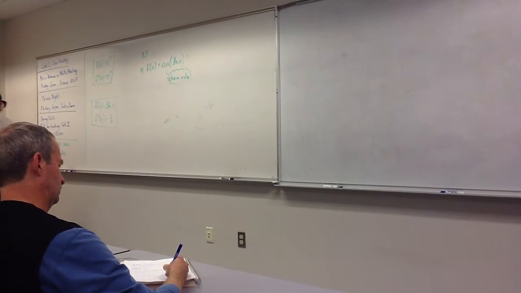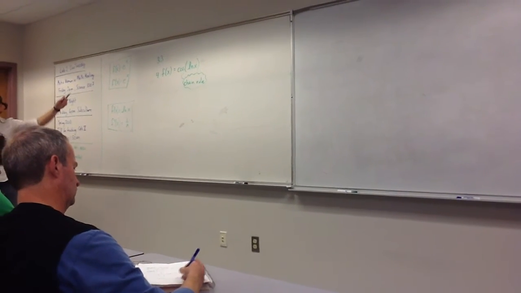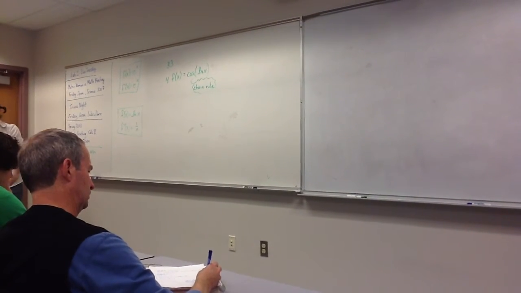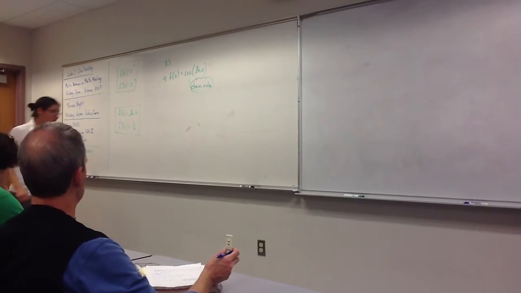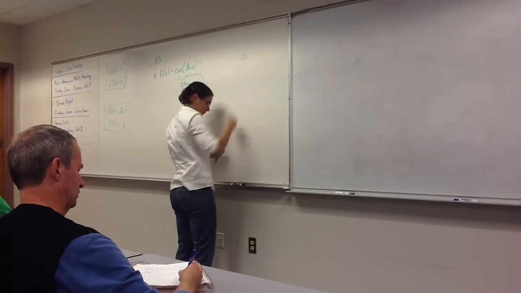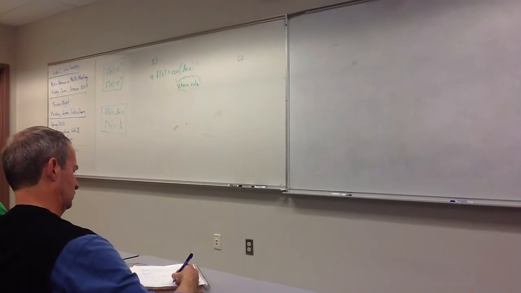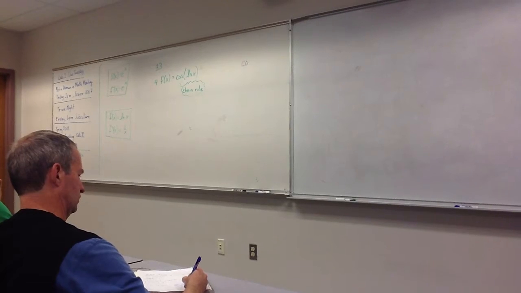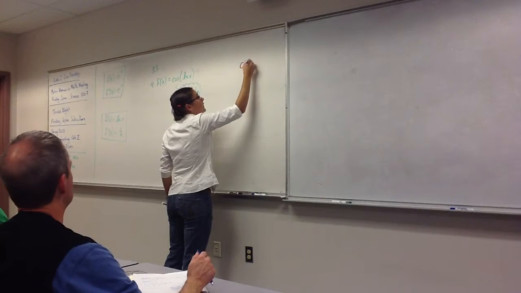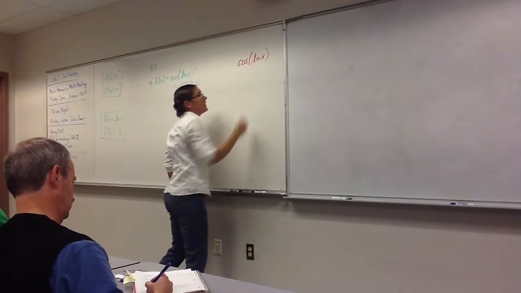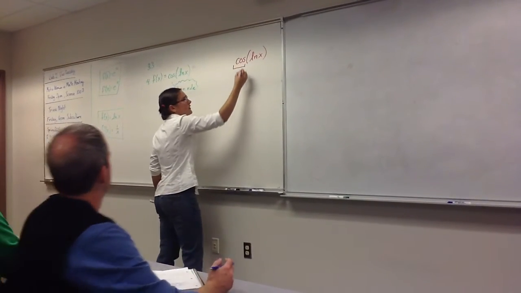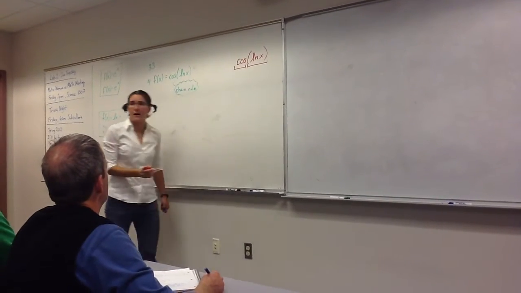Now, you may have looked at that and said to yourself, oh look, there's two functions that are multiplied together, and so I'm going to be using the product rule. And here's why the product rule will not work on this. If I wrote down cosine of natural log of x and said, oh, I'm going to use the product rule, well, then I might be thinking that my first function is cosine and my second function is natural log of x.